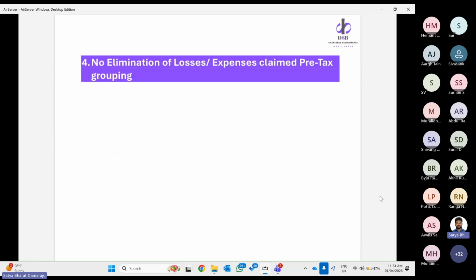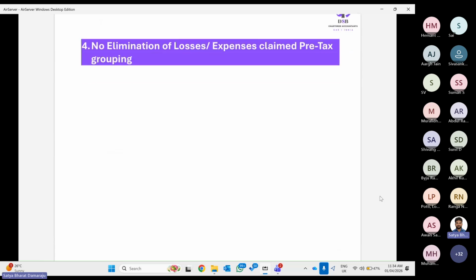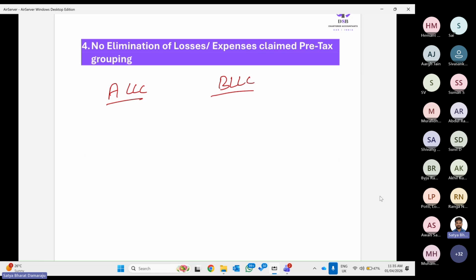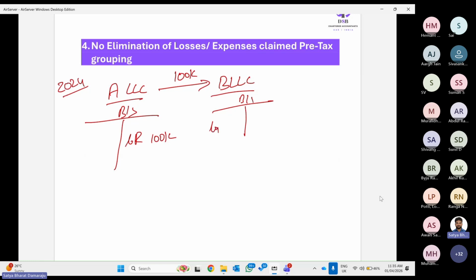Then the next exception. This is quite simple. Let me understand from your side. A LLC and B LLC were not related in 2024. A LLC has given a loan to B LLC, say 100,000. A LLC prepares a balance sheet showing on its asset side a loan receivable of 100,000, and B LLC has recorded a loan payable of 100,000.